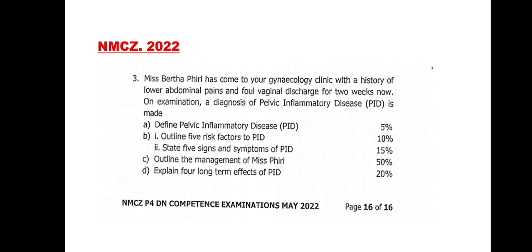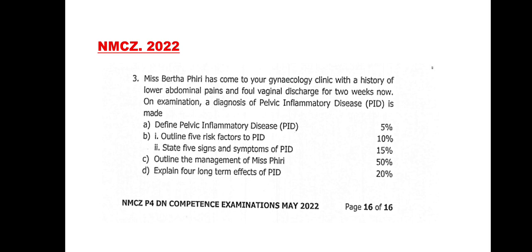Since they have damaged the cervical or tubal epithelium, this makes it easier for infections to ascend, increasing the susceptibility of this woman to reinfection. Meaning that those who have had it previously can be reinfected. So that's one of the risk factors for PID.